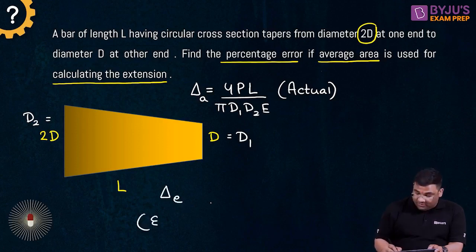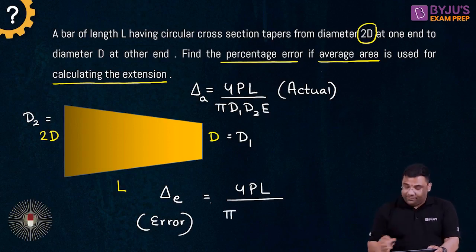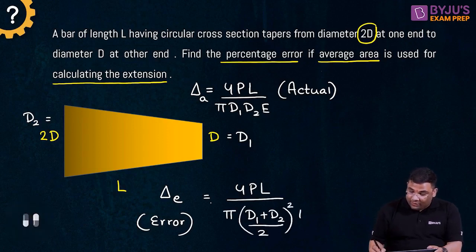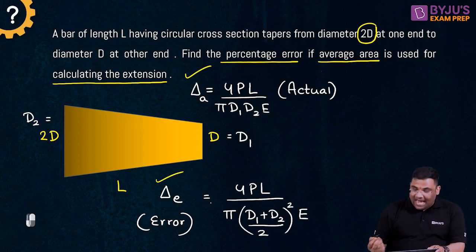This will be equal to 4 PL by pi, considering the average diameter, D1 plus D2 by 2 whole square into E.